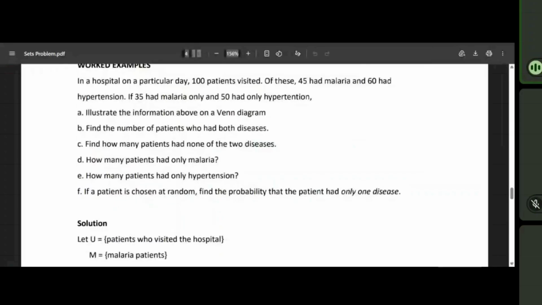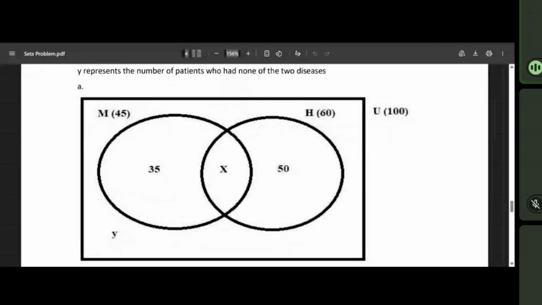When you were interpreting the people who had only one disease, you made mention of the malaria 35 and the hypertension 50, making 85. And my question has to do with the Y. Where do they belong to? Thank you. Good. So not much information is given about Y.